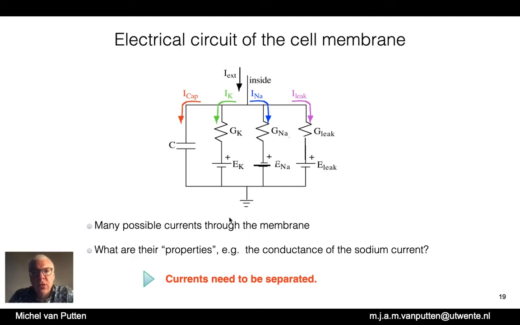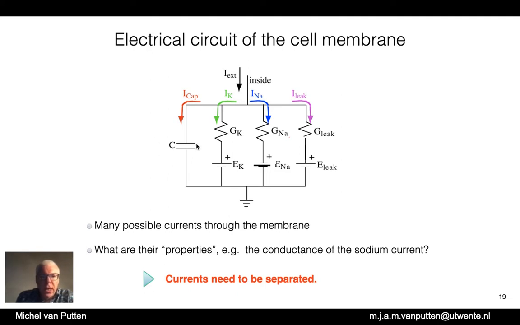So we'll start with our electrical circuit of the cell membrane that actually was the result of all the experiments that Hodgkin and Huxley did, but we will start here with the circuit for our discussion. And in fact, Hodgkin and Huxley had some idea that this would indeed represent the properties of the cell membrane.